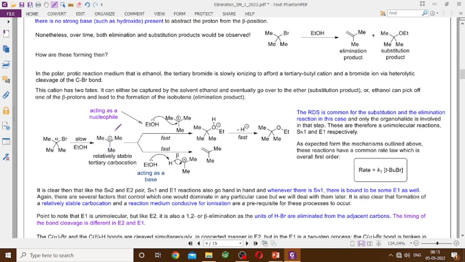Now, this carbocation is a very highly electrophilic species.